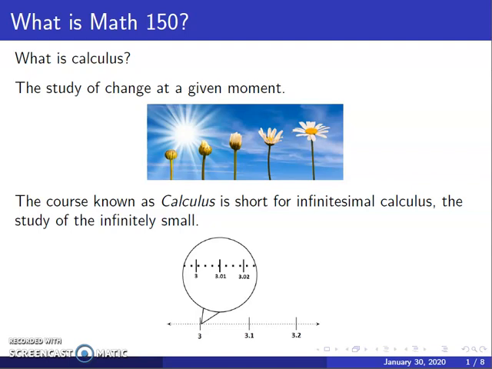So in order to study change at a given instant, it's like we have to divide time over and over and over again until we get an infinitely tiny little slice of time that we call an infinitesimal. In the picture I found, you see that number line, and the number 3 is highlighted, and then we're zooming in on the number 3.